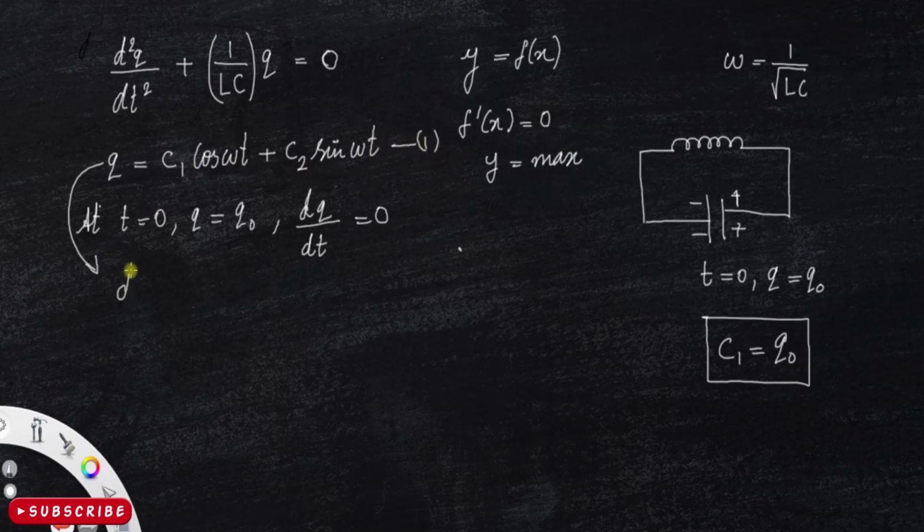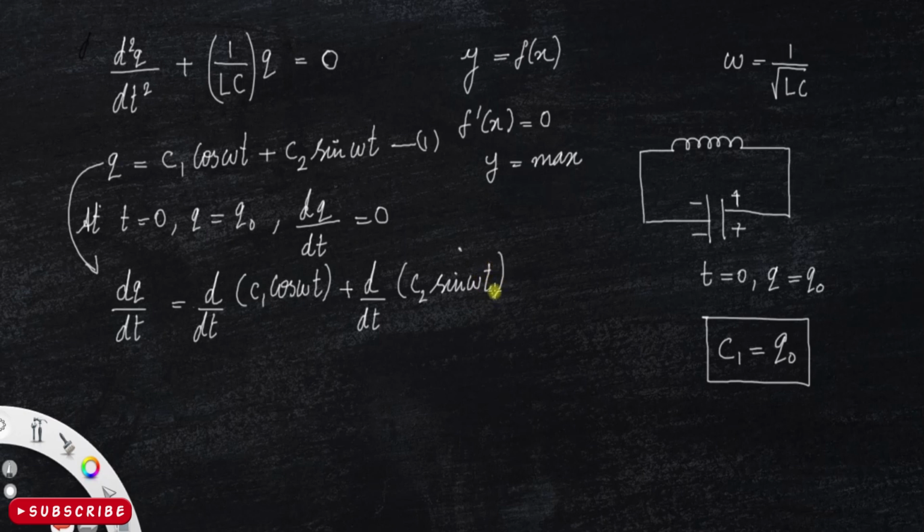So dq by dt is equal to d by dt of c1 cos omega t plus d by dt of c2 sin omega t. You have to differentiate each term with respect to time. c1 is constant, so you can take the constant outside of the derivative.